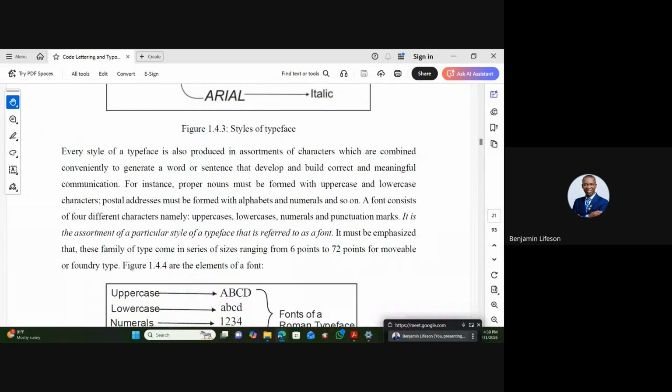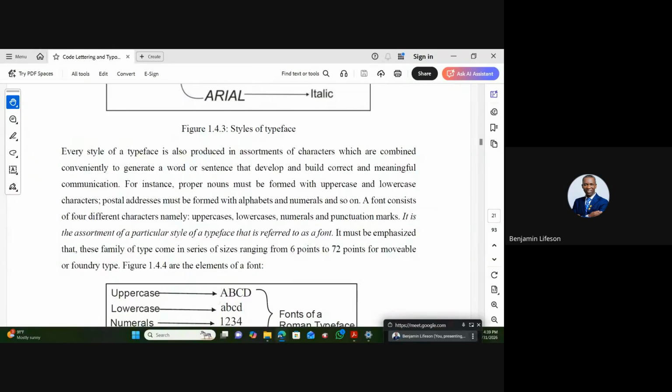So for instance, we have different types of rice. We have fried rice, which goes with its accompaniment. We have jollof, which goes with its accompaniment. We have plain rice, which goes with its accompaniment. So the typeface too, every style of a typeface is also accompanied by the assortment of characters.